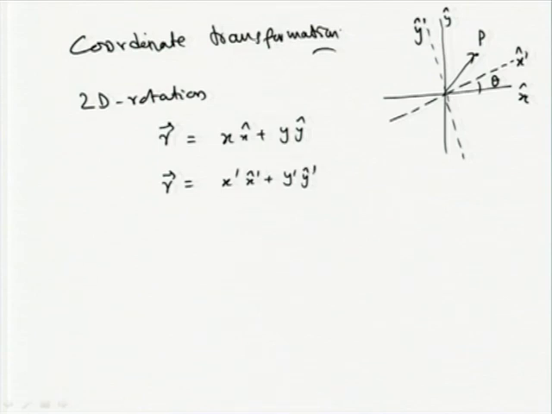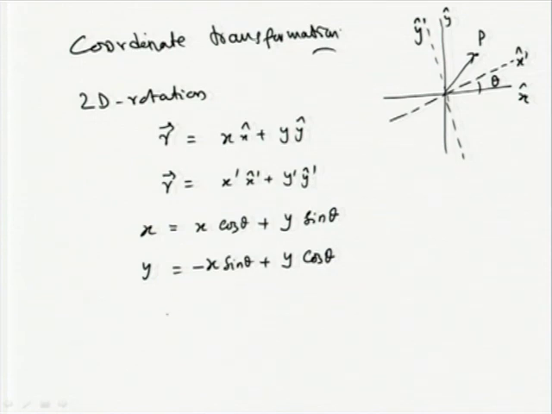And we know this thing, that coordinates, x prime is equal to x cos theta plus y sin theta, and y prime is equal to minus x sin theta plus y cos theta. I will leave this as an exercise. You must have done it many times in your elementary classes.